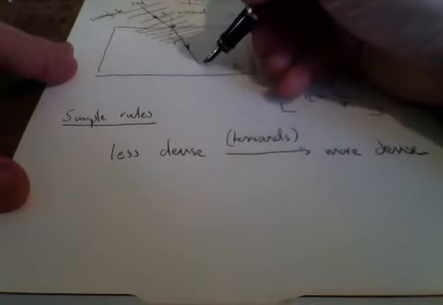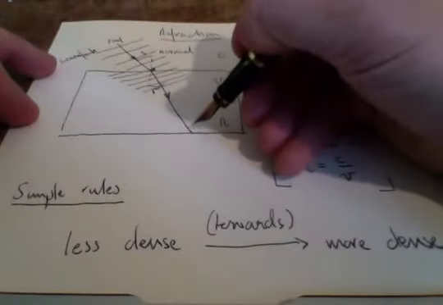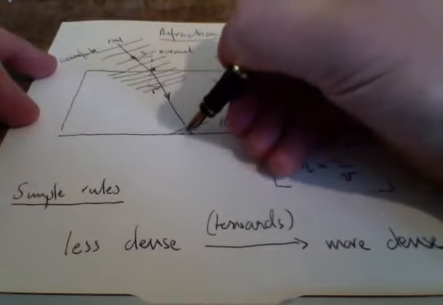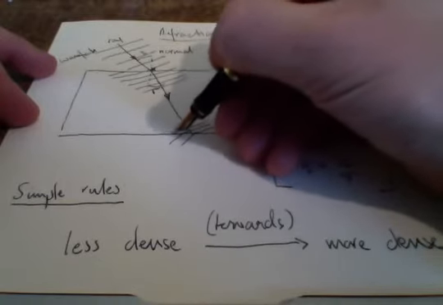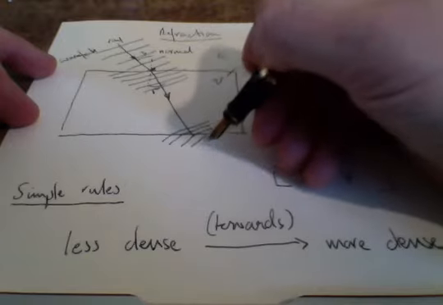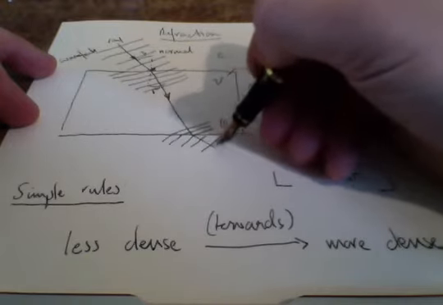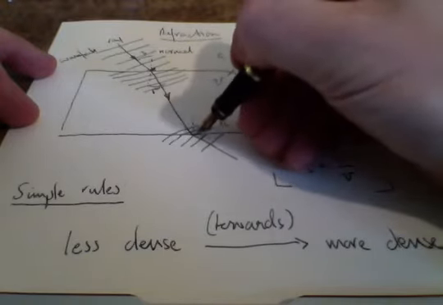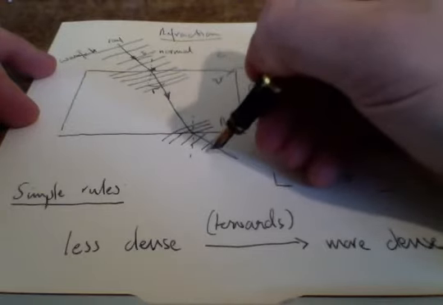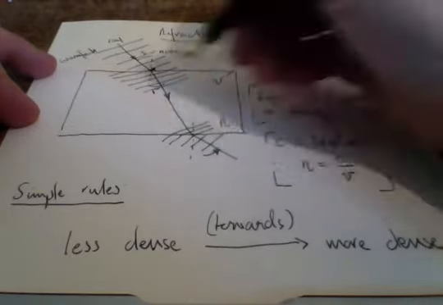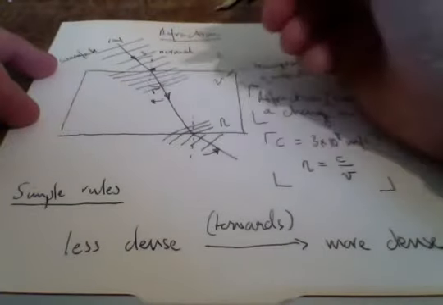When the ray of light emerges from this block, all of these wavefronts are now going to start speeding up again. And if they're speeding up again, with reference to the normal, they are bending away from the normal, as opposed to bending towards the normal here.